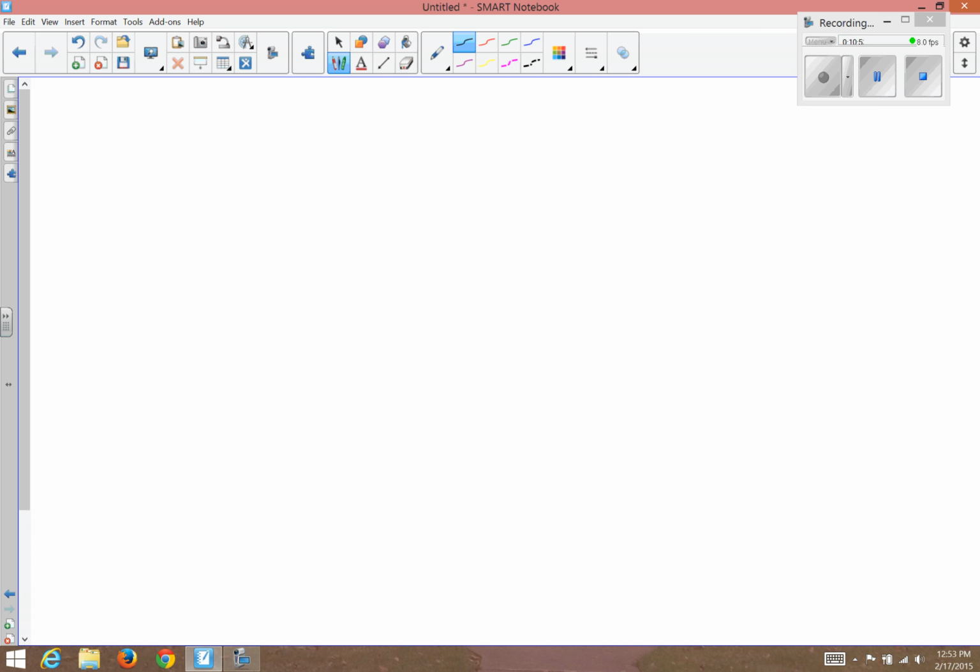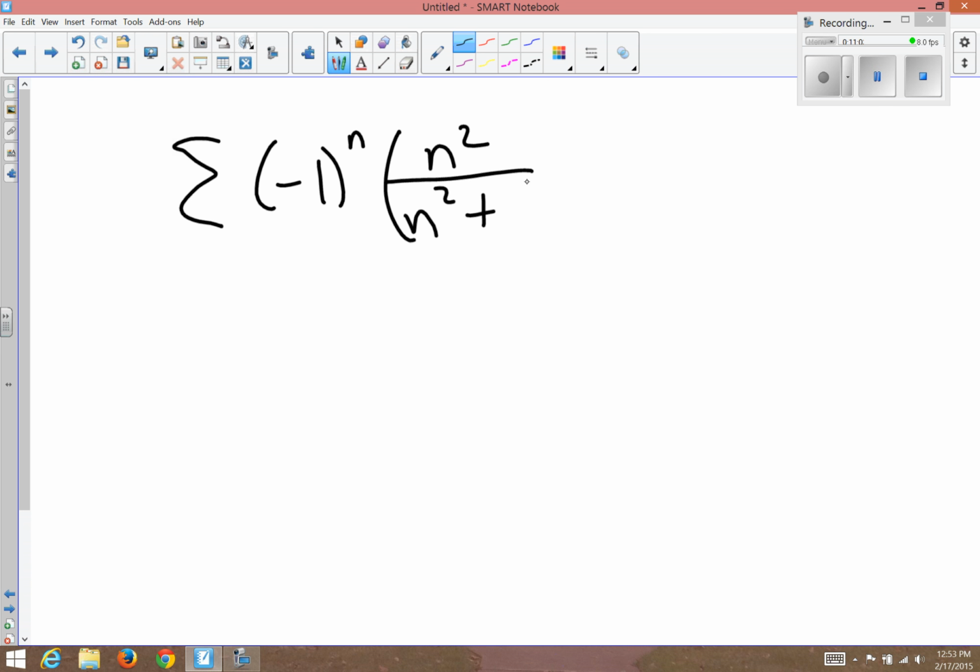Another example of the alternating series test. Sigma, -1 to the nth power, times n squared over n squared plus 9, n starting at 1 going to infinity. So this is the alternator. It makes the signs of the terms alternate back and forth.